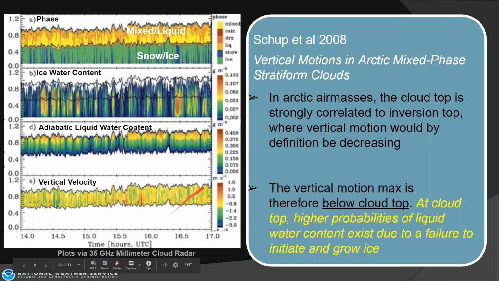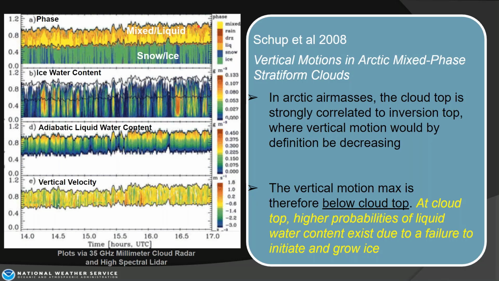And so this is just one of their cases that they sampled. I've got time along the bottom axis here. The x-axis is just time, where they were sampling, looking vertically at the stratus that was moving over the top, kind of typical of the last case we looked at. Maybe you'd have a sensor in southern Minnesota looking at the clouds as they rotated around the low in this stratus area. And so you can see on the top of this that the warmer colors are liquid or mixed phase.